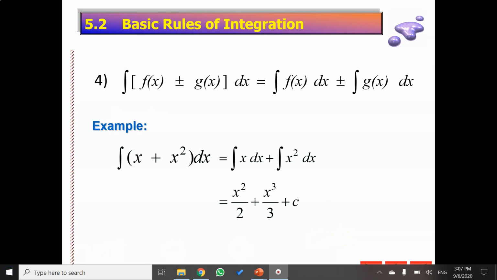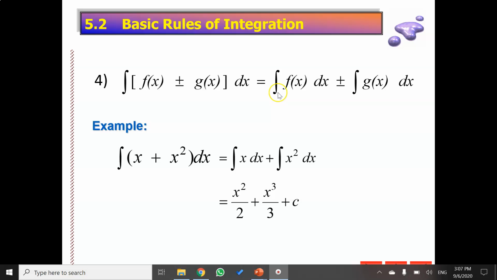Okay, continue with rule number 4. When you have to integrate a function f(x) plus or minus a function g(x) dx, you have to integrate both functions. So what we do is split up the two functions.